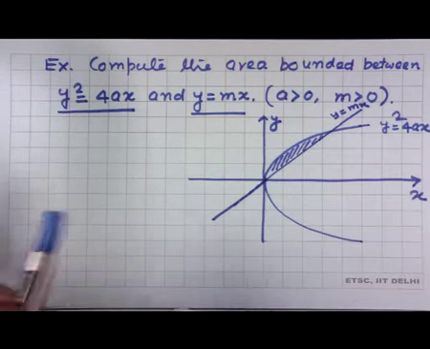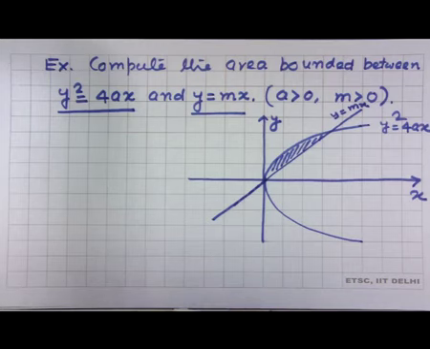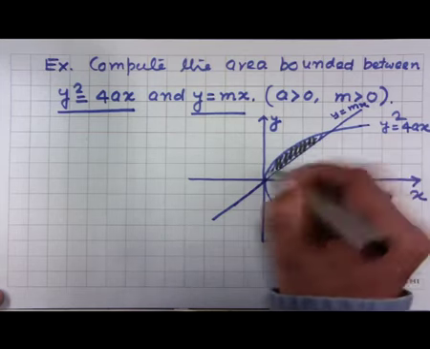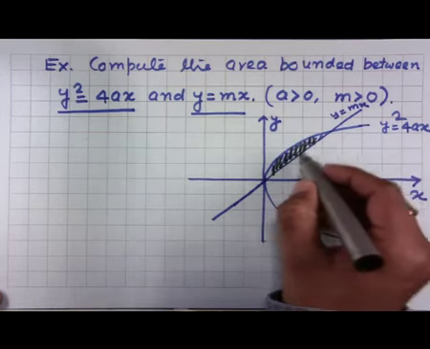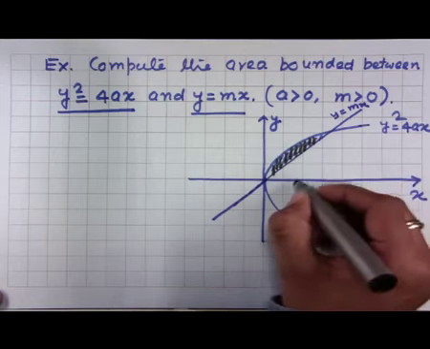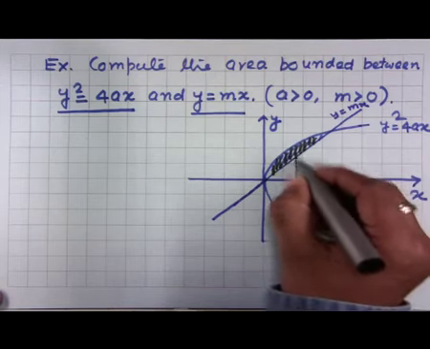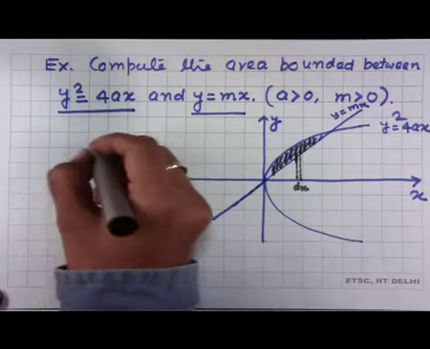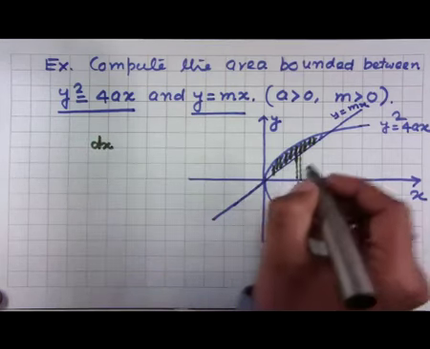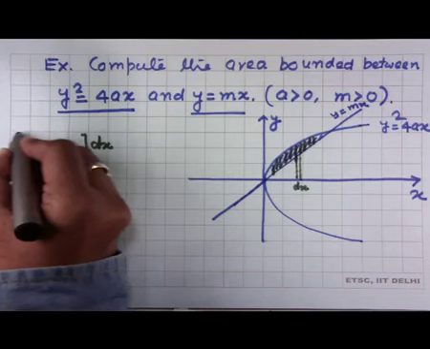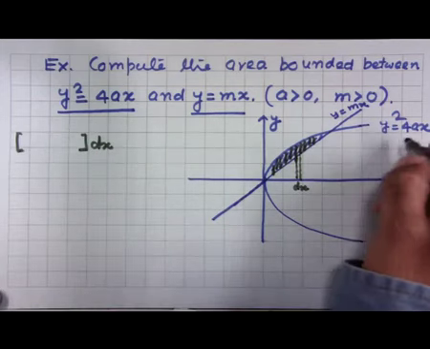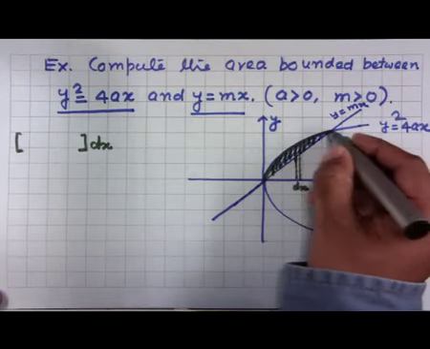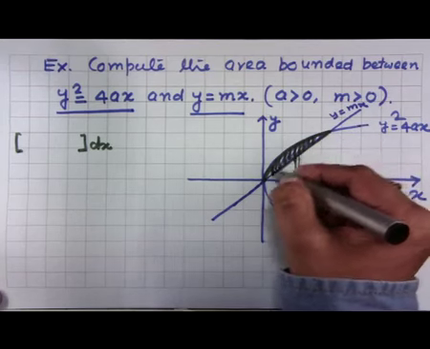Let us divide this area into elementary areas, thin vertical strips. So, if one such strip has dx as width, the elementary area will be y from this minus y from this.